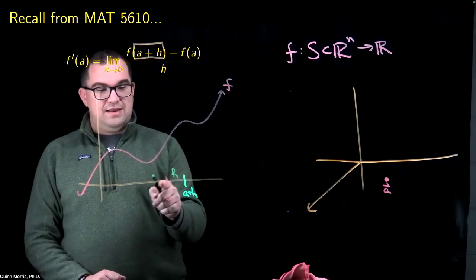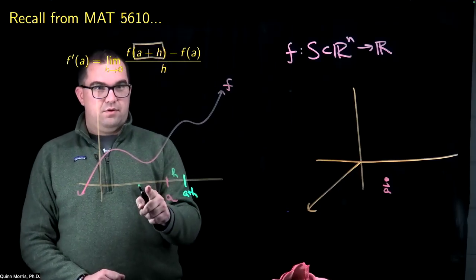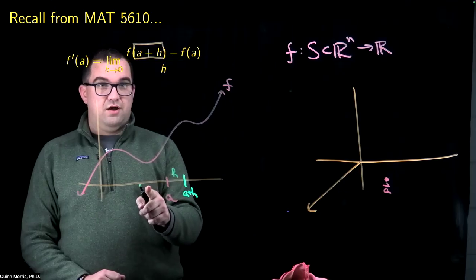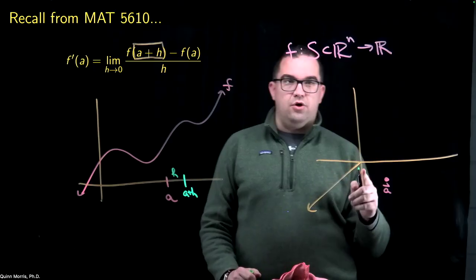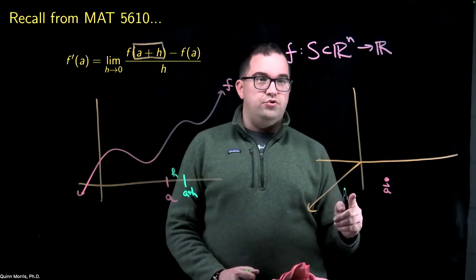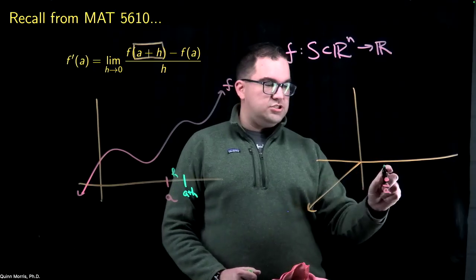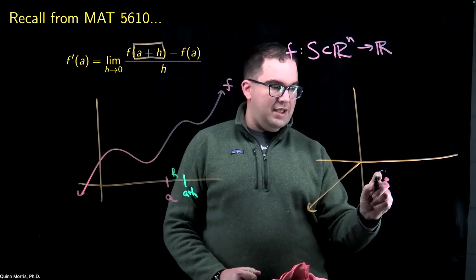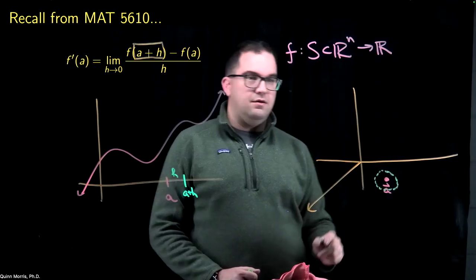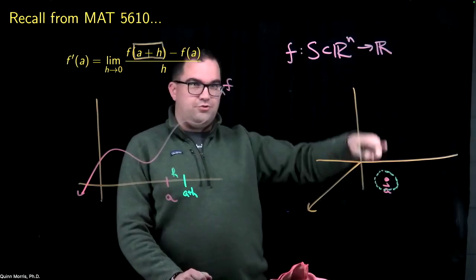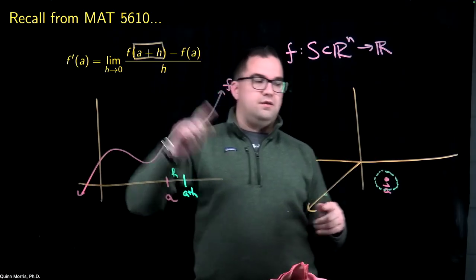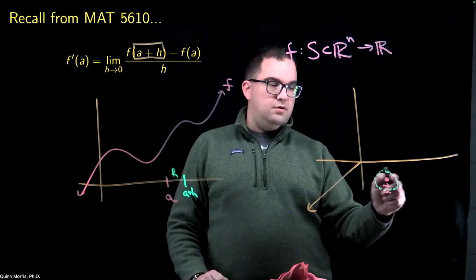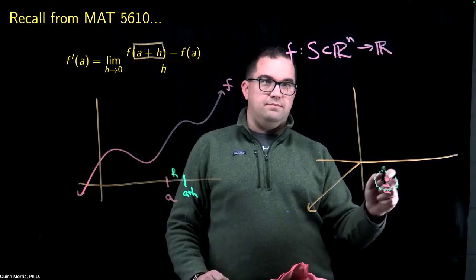And if h was negative, then a plus h defined a point to the left of a. The problem is that a scalar is not enough to define a unique point. If I go distance h away from a, I actually get a circle's worth of points. So I need to define this point by giving some vector.